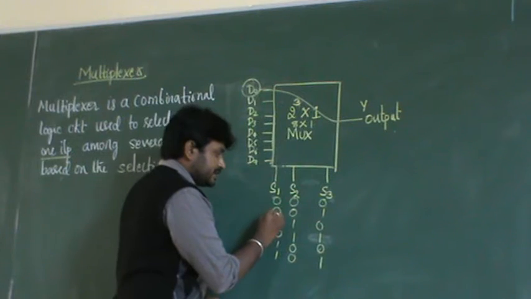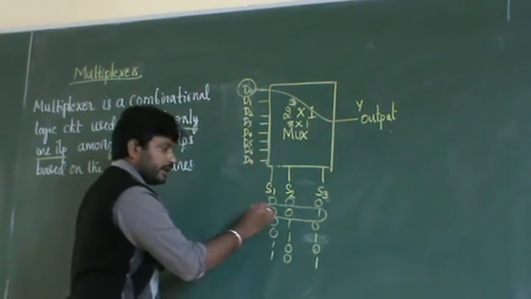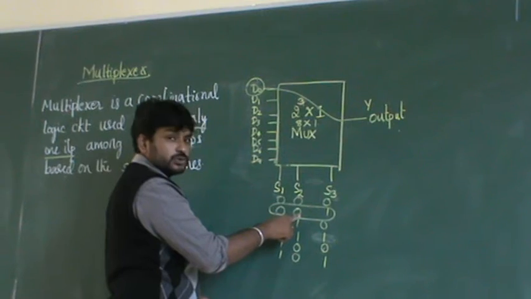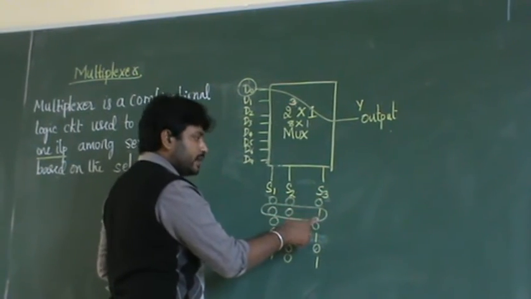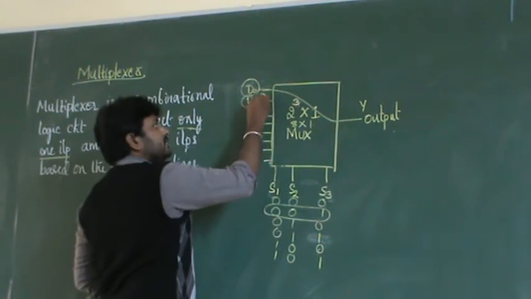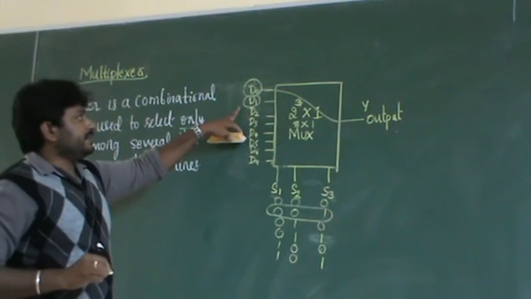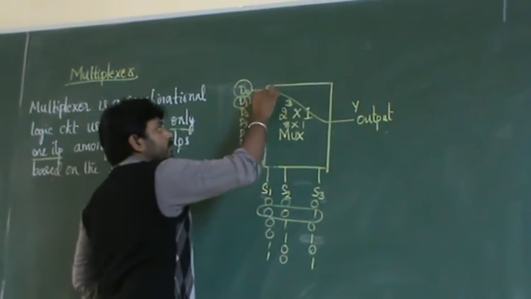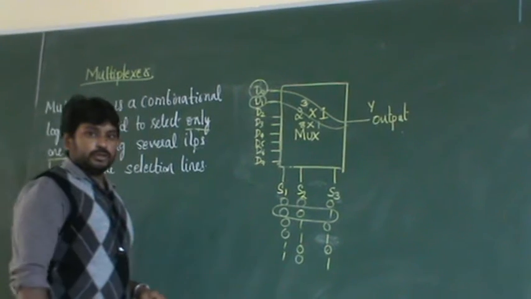Now if my selection line is 0 0 1, that is S1 equal to 0, S2 equal to 0 and S3 equal to 1, then it will be selecting D1 among the 8 inputs and providing it to the output.